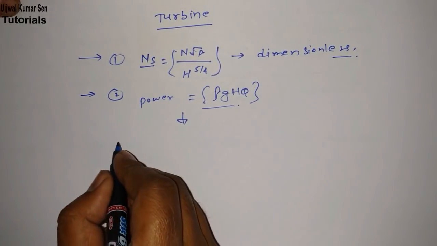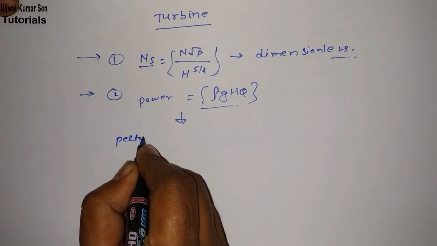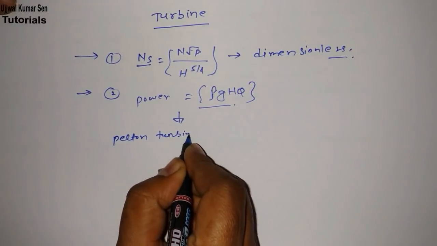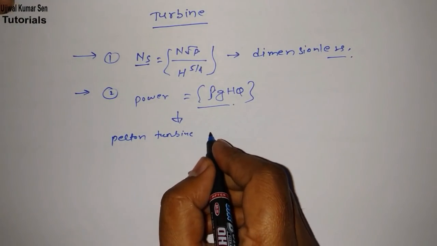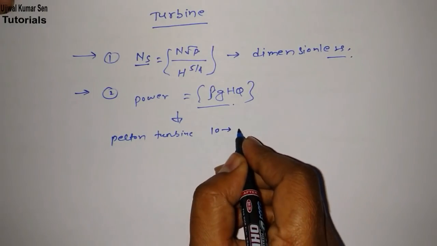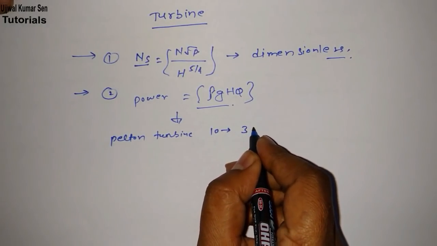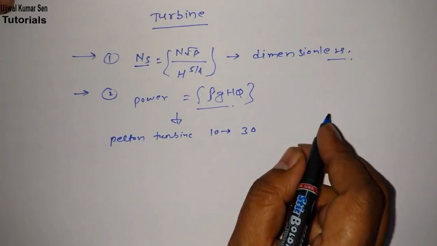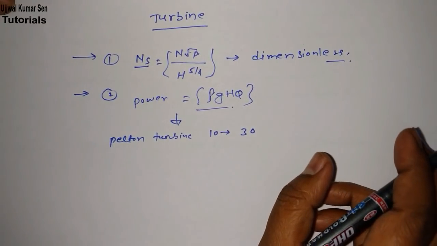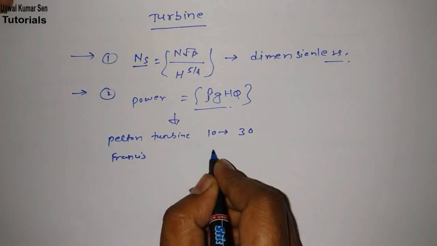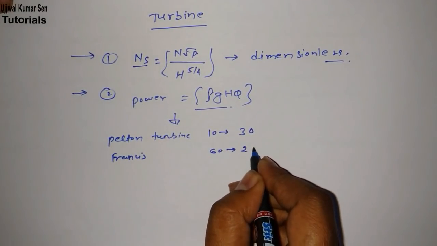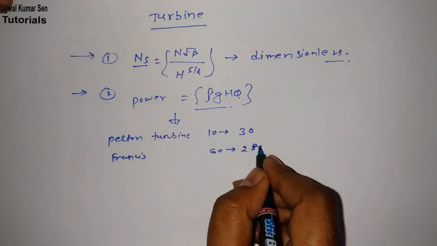If you're talking about the Pelton turbine, its specific speed is about 10 to 30 or 35. For the Francis turbine, it's around 60 to 80 or 300.